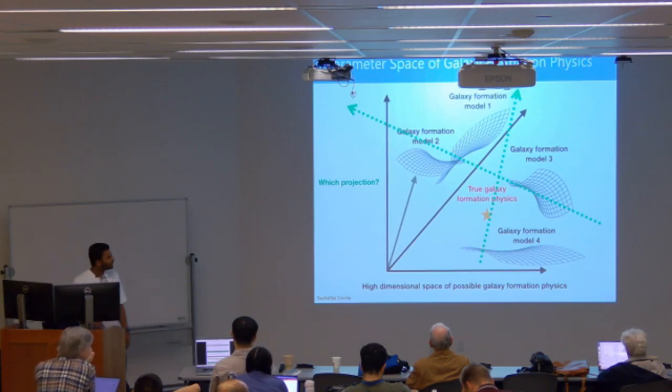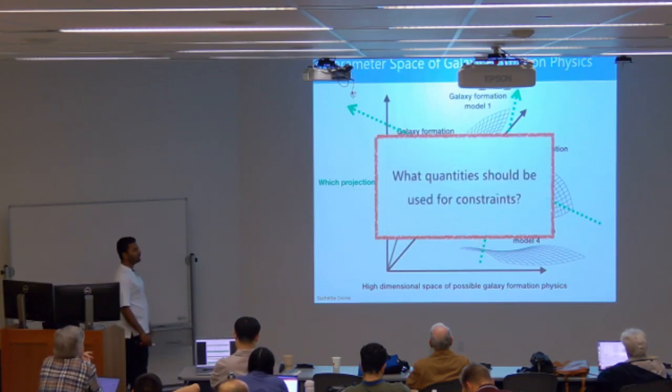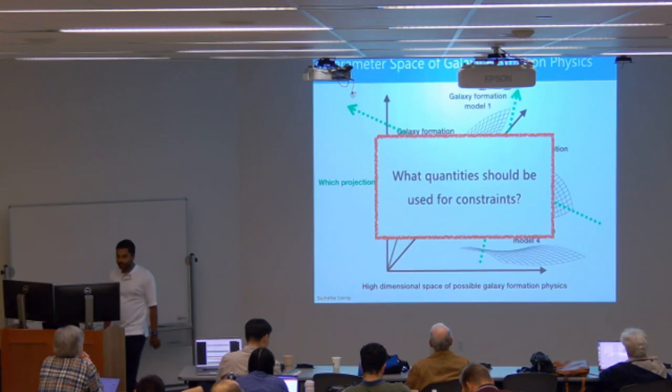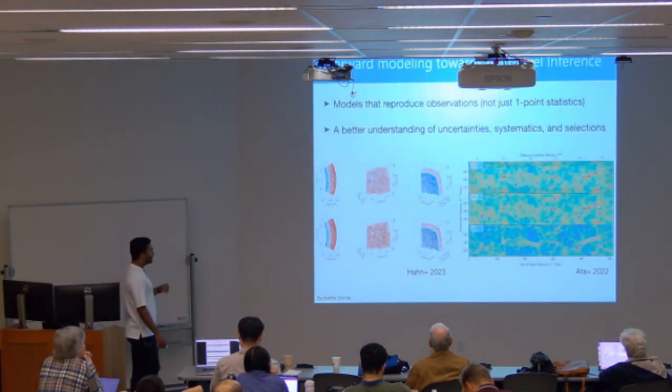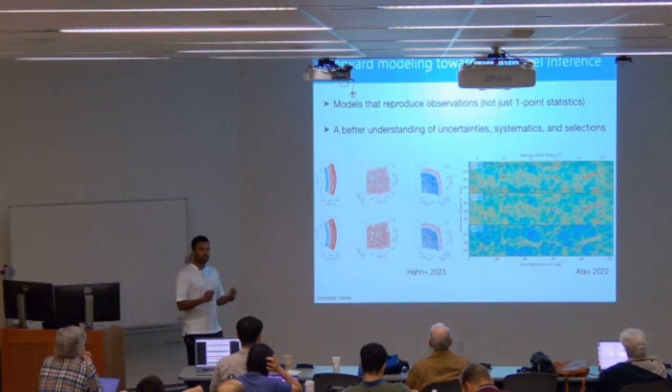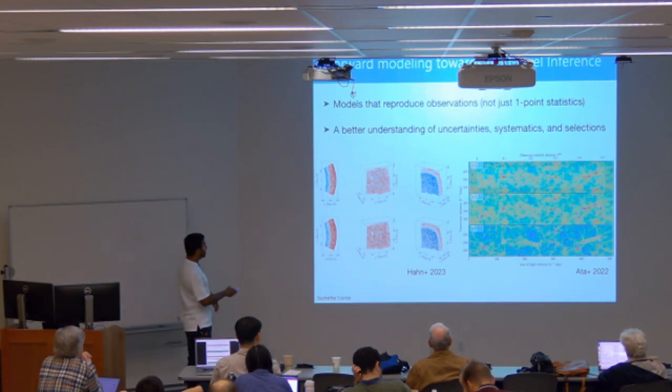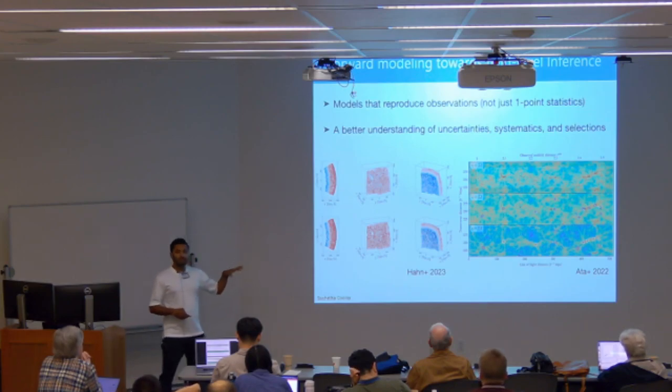I think the best projection we should take is the direct observables. What do we observe? We should match those things. The reason is that we have a better understanding of our systematics, uncertainties, and also selections. Cosmologists have already figured this out, definitely, and they have been going to what they call field level inference.